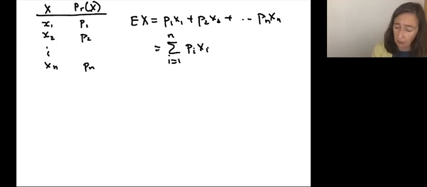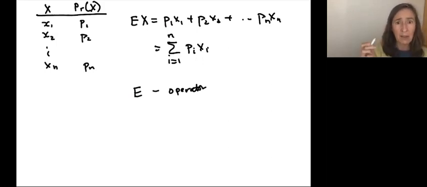And a final thing I want to point out about expected value. Maybe a few final things. One of them is this E. It's an operator. It's telling us to do something, the way an integral sign is telling us to take an integral. It's an operator that operates on a random variable. So if you want to take the expected value, you need a set of outcomes and a set of probabilities.